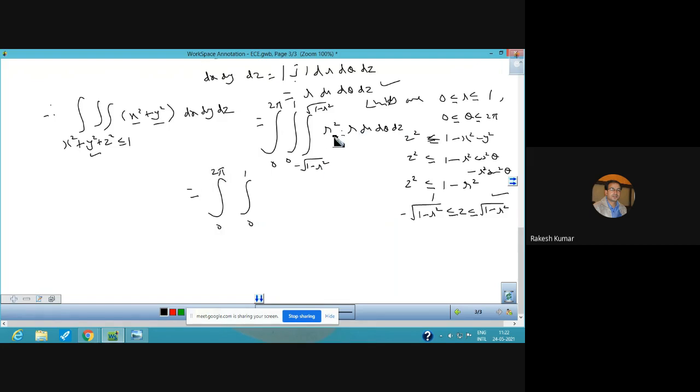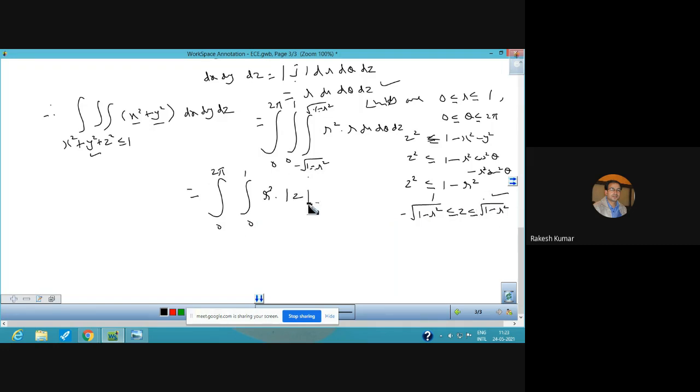Here you have r cube, and for this you can write down r cube as it is and integrate with respect to z, because these are the limits of z. Remember, from here, limits of z are minus square root of 1 minus r square to positive square root of 1 minus r square.